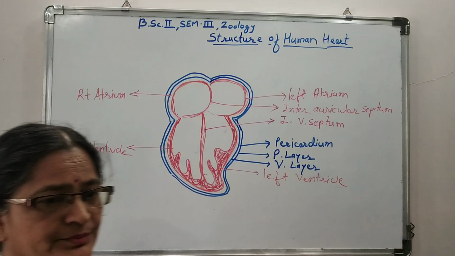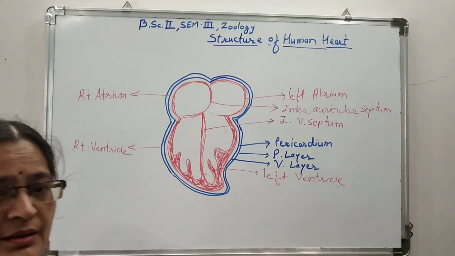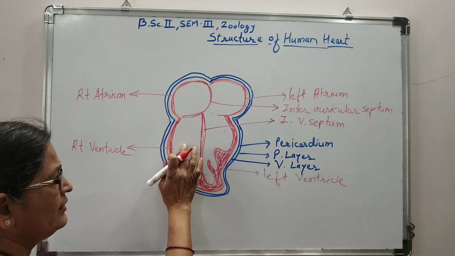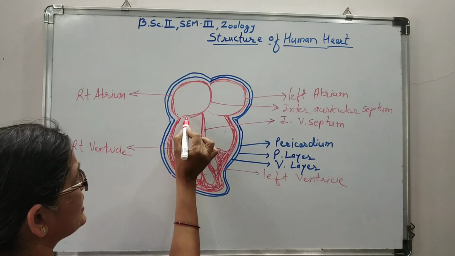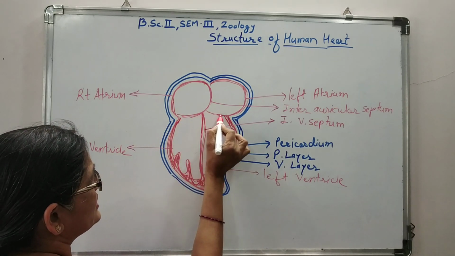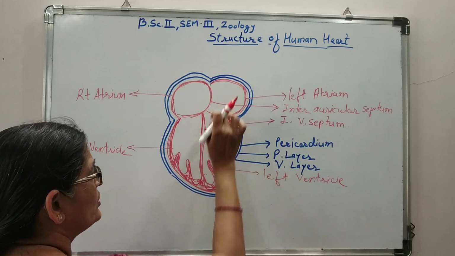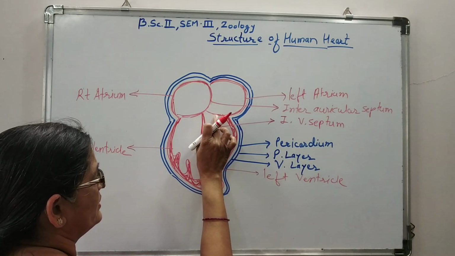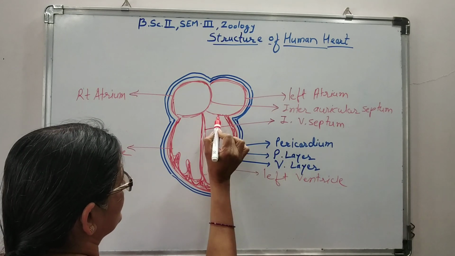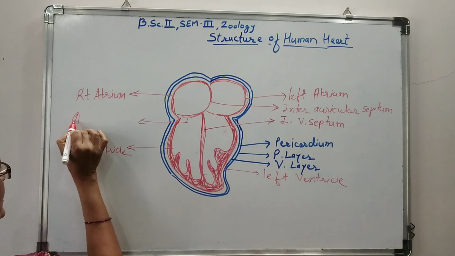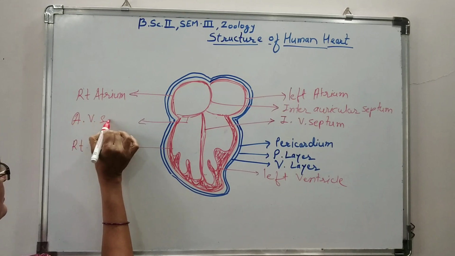Now see, here again there is another septum in between the auricle and ventricle. This transverse section is called the auriculoventricular septum.